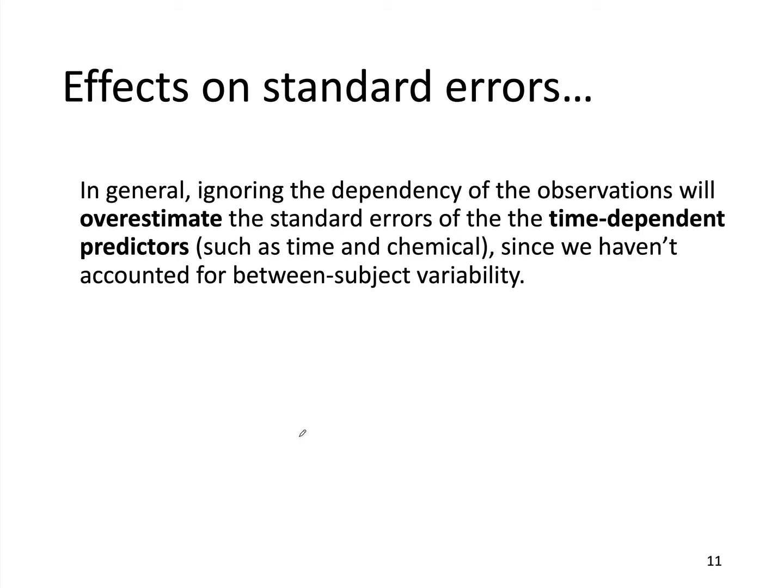If I assume that each observation in my data set is independent, but my data is clustered, so for example, I'm measuring persons over time, well, I am more similar to myself over time. The within-subject standard error is going to be smaller than the between-subject standard errors, because I'm more similar to me at time 1 and time 2 than I am to you at any time point, right?